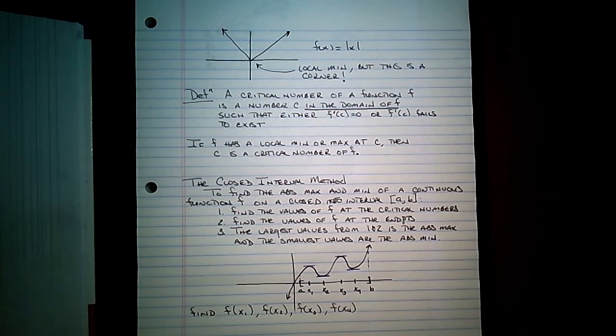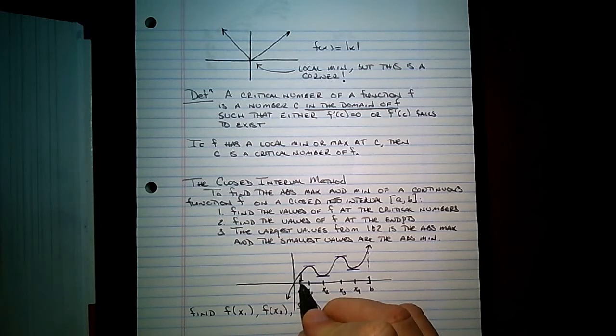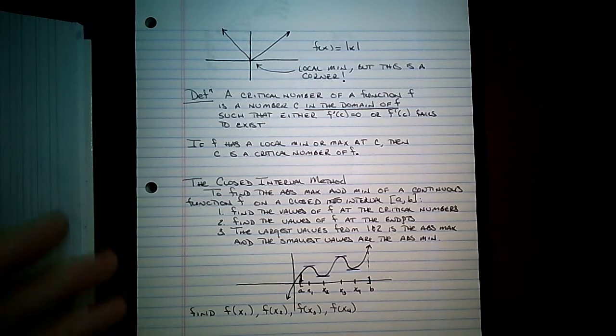Now, if we were to stop there, we would say, okay, one of those is the absolute max and one of those is the absolute min. And it's true, it does work out that this is our absolute min. This is the smallest y value in this interval.